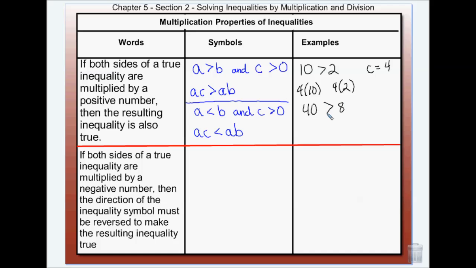So nothing changed. I can multiply the inequality by the same positive number and it'll stay true on both sides. However, if A is greater than B and C is negative, in order to maintain truth, if I multiply both sides by a negative, I have to switch the direction of the inequality.